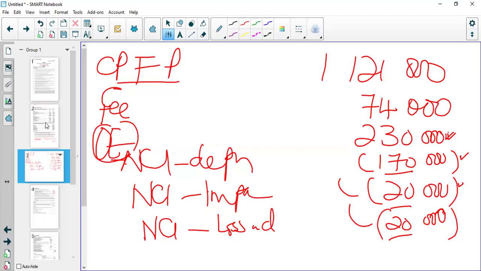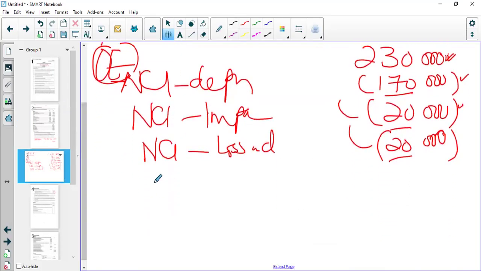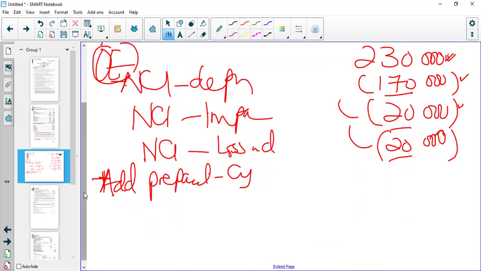Right. So what else do we need to work on here? I will tell you something that you need to know. So what you're going to do here is, I want you to listen very carefully. Add prepaid expenses current year, because these were paid already, right?